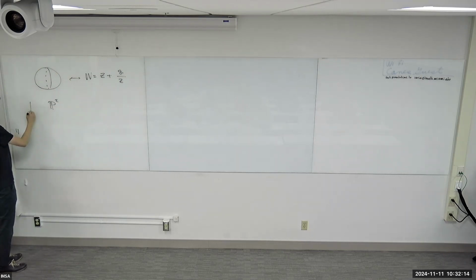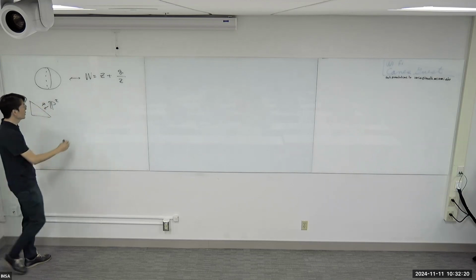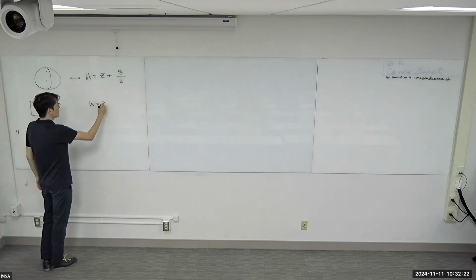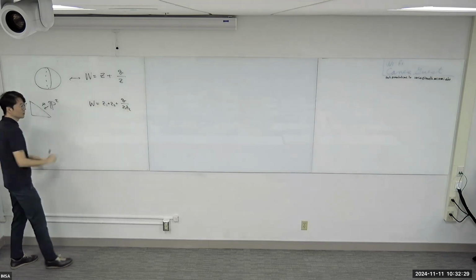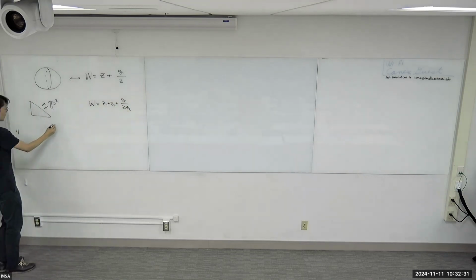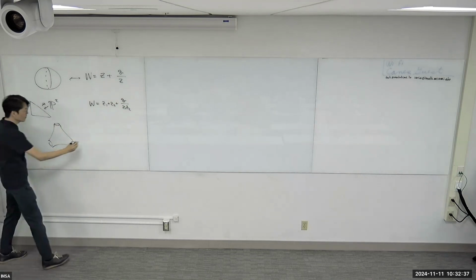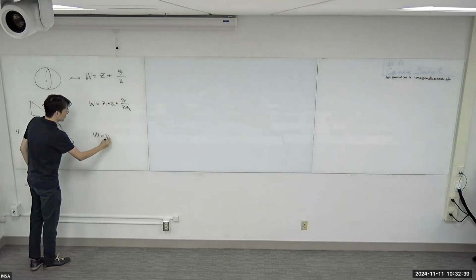So this is P2, which has a map to this triangle, and in this case, the mirror is given by this polynomial. And the last example is this pair of pants, and W is XYZ.